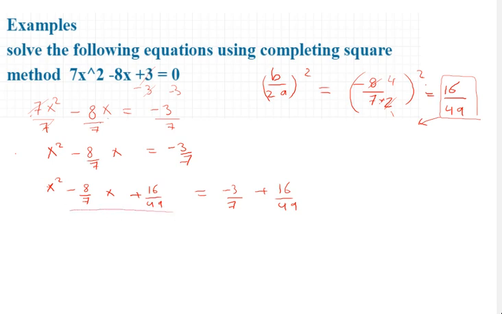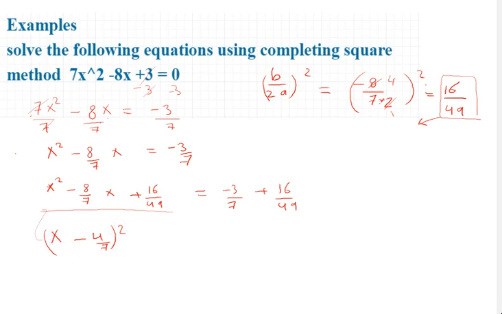So we completed the square here. We can write it as a square binomial, which is (x minus 4 over 7) squared.